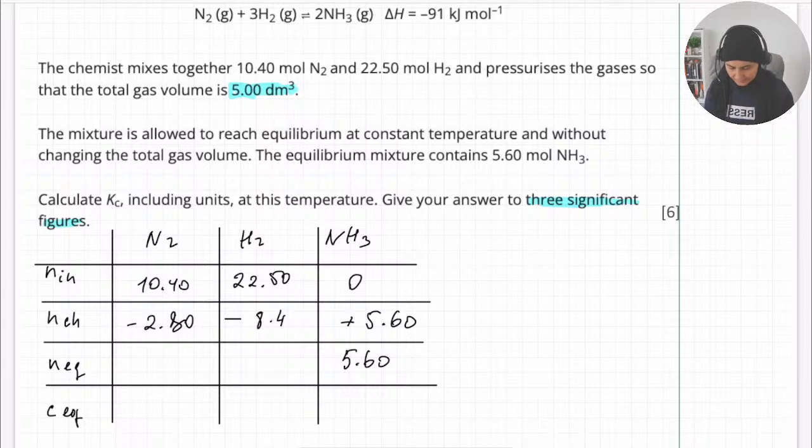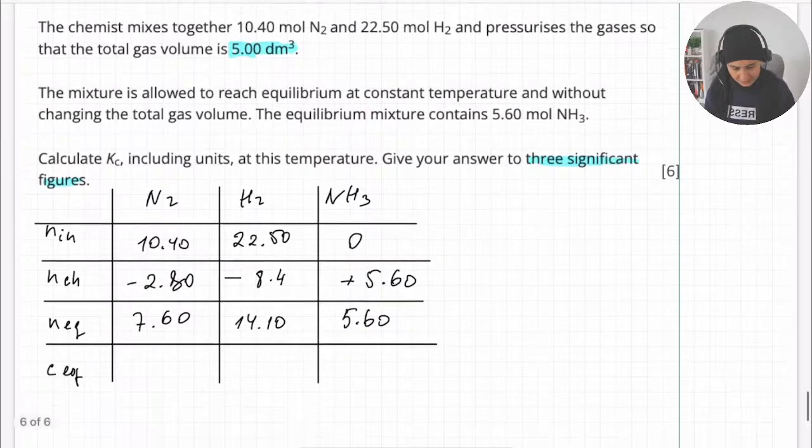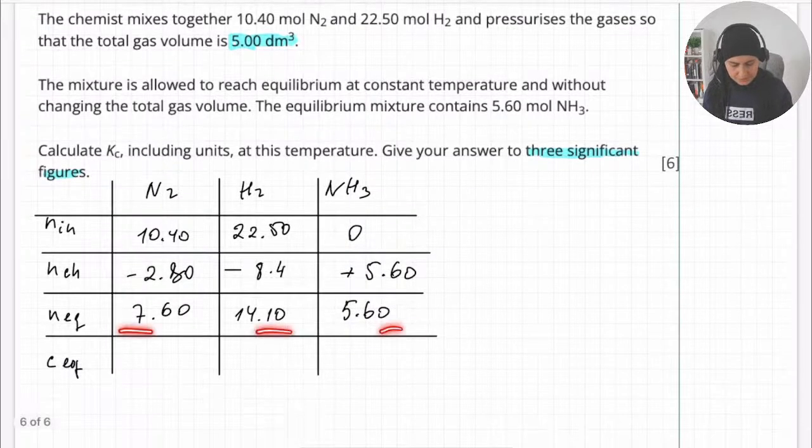And then what are the moles at equilibrium? So 10.4 minus 2.8, which is 7.60, and then 22.5 minus 8.4, 14.1. And then the concentration, so just divide the moles by 5. Remember, concentration is moles over volume.